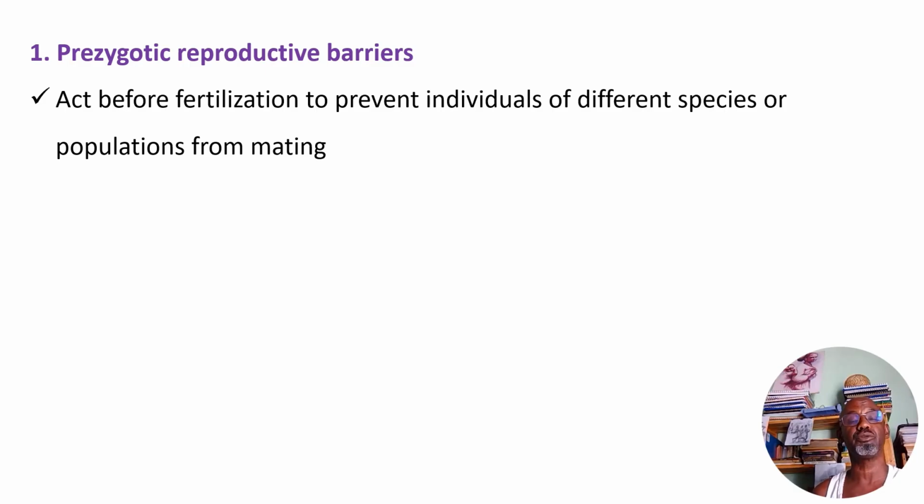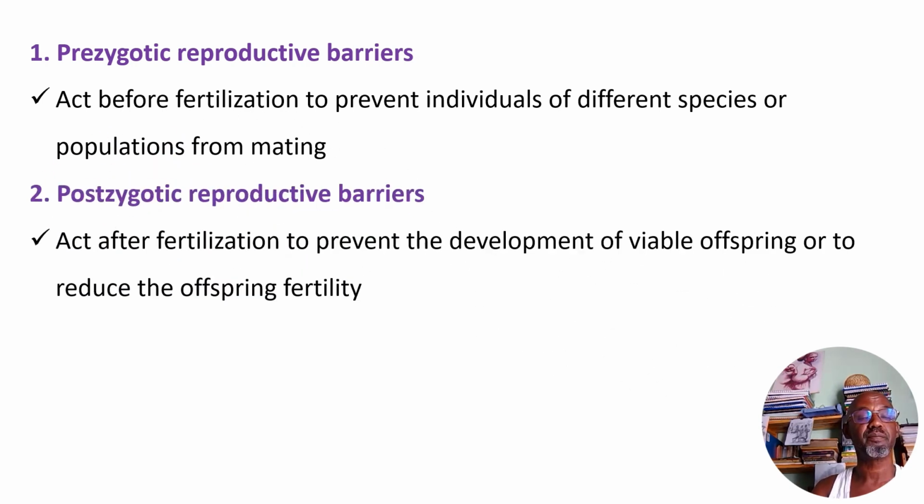One is pre-zygotic reproductive barriers. These barriers act before fertilization to prevent individuals of different species or populations from mating. They can't mate because of pre-zygotic reproductive barriers.